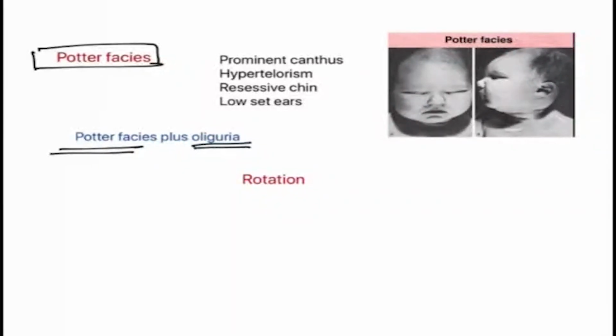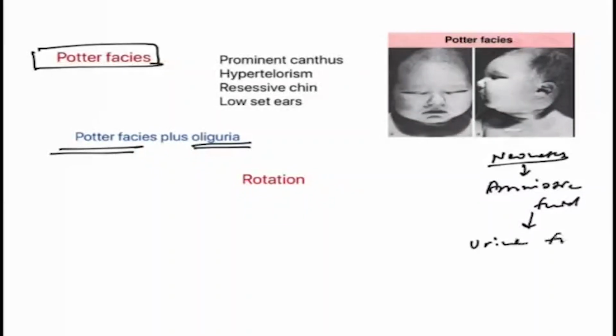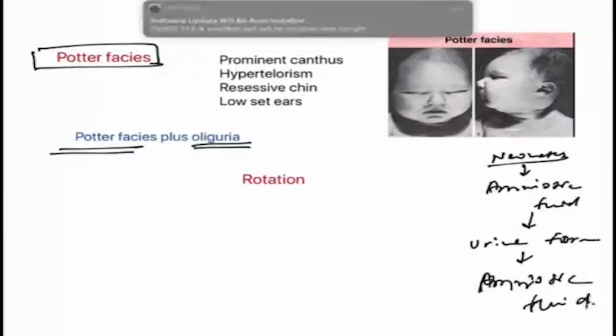So in bilateral renal agenesis, there is Potter facies with oliguria. So neonates ingest amniotic fluid and the urine which is formed contributes to amniotic fluid.